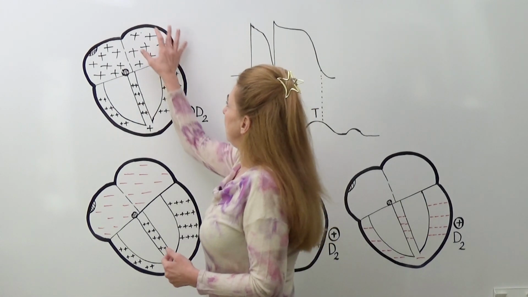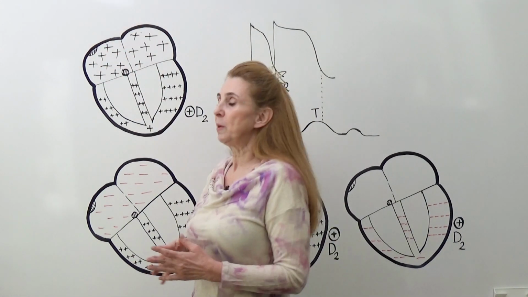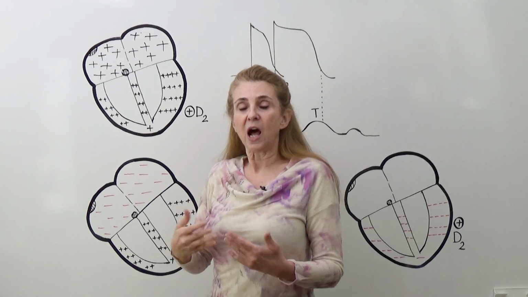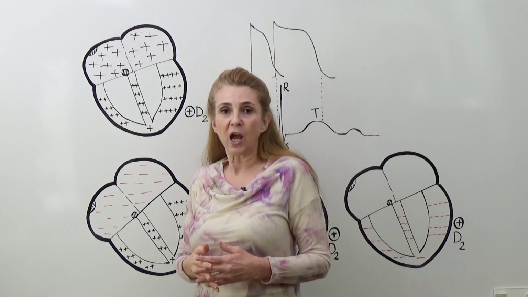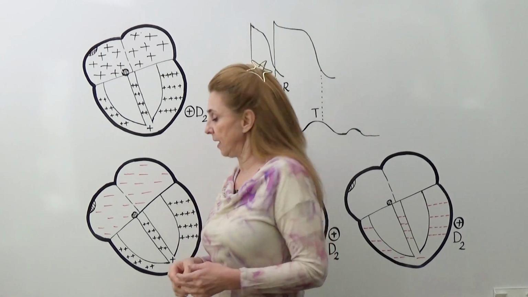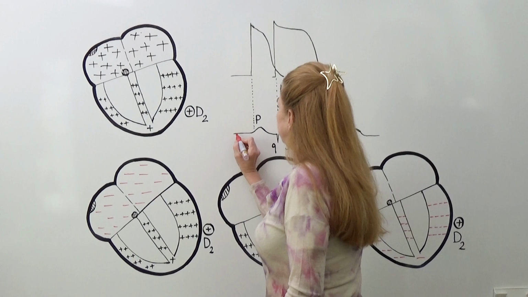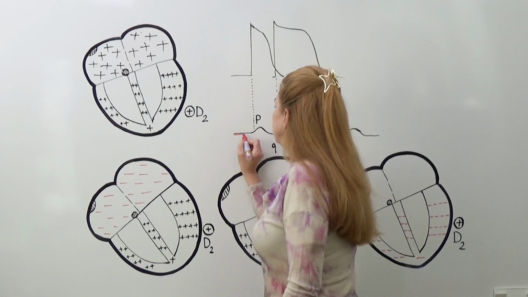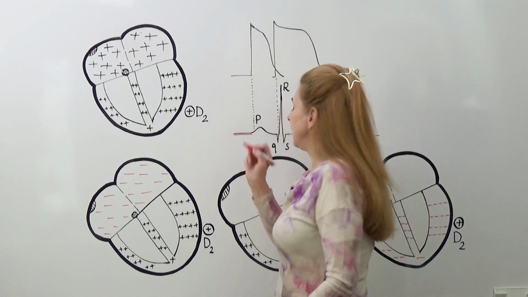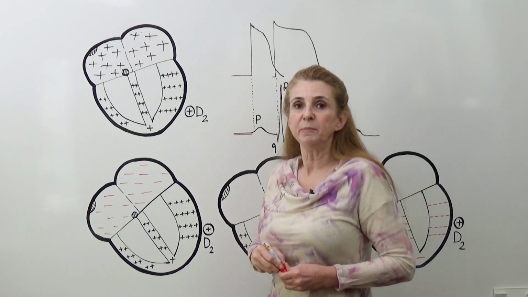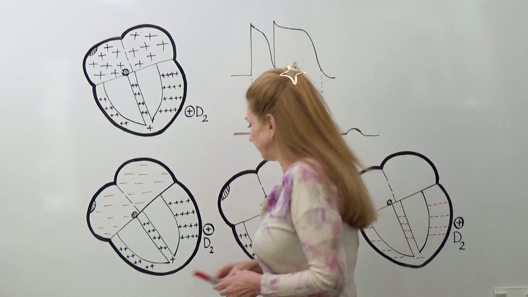So, when all of the cells are at resting membrane potential and the outer surfaces are positively charged, there is no dipole in the heart. So, electrocardiography does not record anything, but it draws an isoelectric line, which is the line before the P wave.